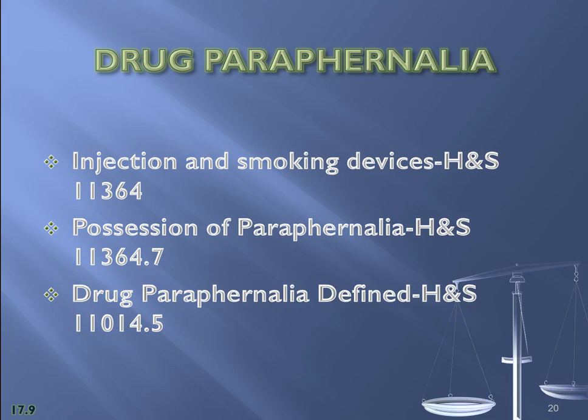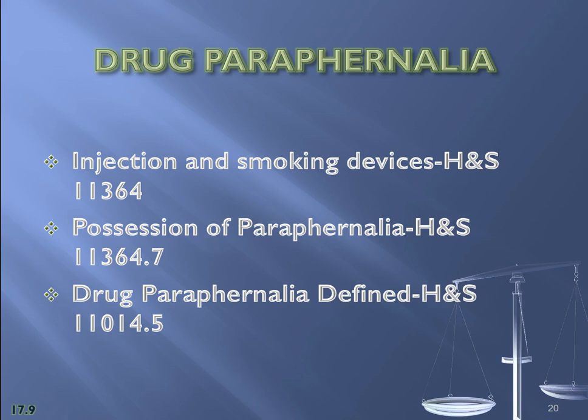And then there are sections for possessing drug paraphernalia. While it lists three here, we're going to talk about one specifically, which is 11364 of the Health and Safety Code. So it is unlawful to possess any device or paraphernalia used for unlawfully injecting or smoking most controlled substances.